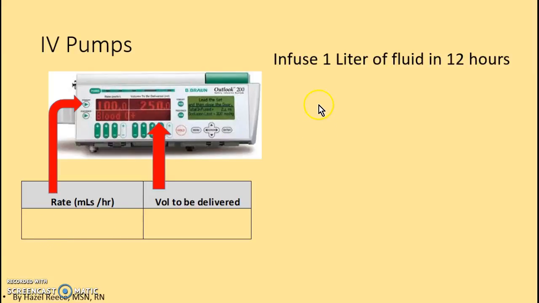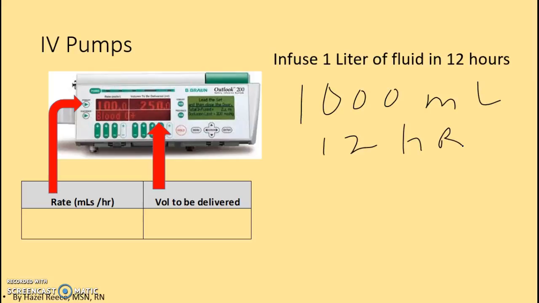So say, for example, we wanted to deliver a liter of fluid in 12 hours. That's 1,000 milliliters in 12 hours.